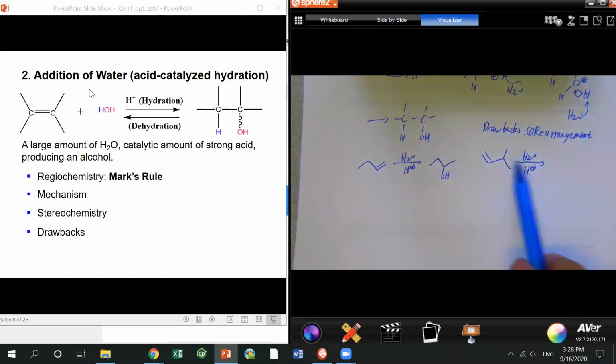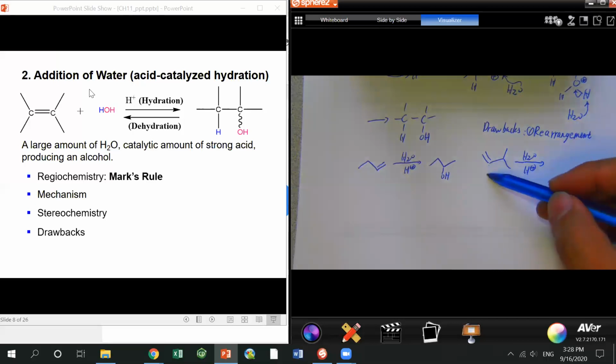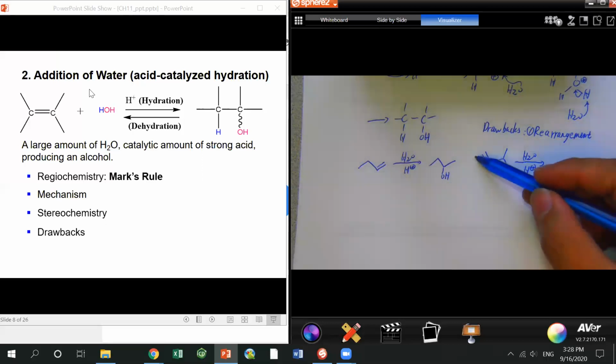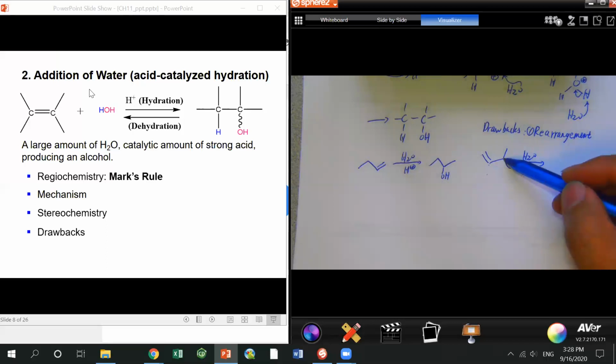We have this alkene and try to do the addition reaction. Theoretically, OH goes here and hydrogen goes to the terminal carbon. But in reality, because you generate a secondary carbocation next to a tertiary carbon, you can have a 1,2-hydride shift, and eventually the real product looks like this. That's rearrangement.